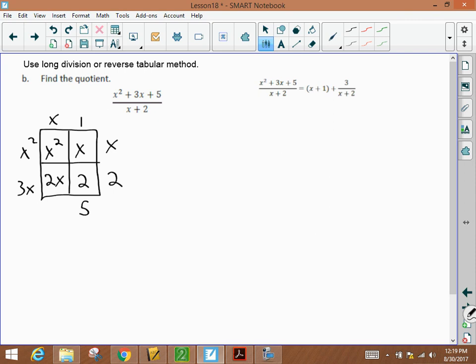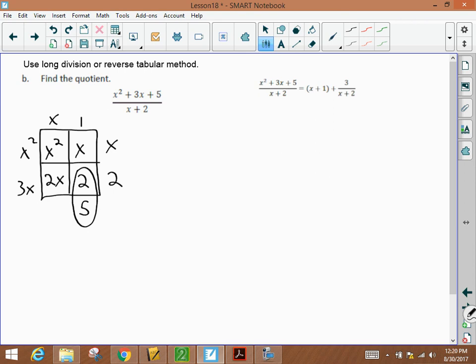So what's our problem here? These two don't match. Remember, every single time you've been doing your reverse tabular method before, those guys would match. And now they don't. What that means is that you have a remainder. How do we figure out what that remainder is from our reverse tabular method?